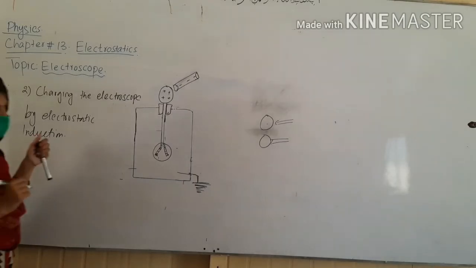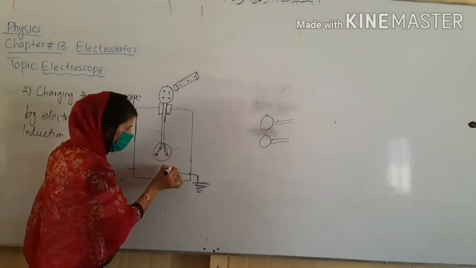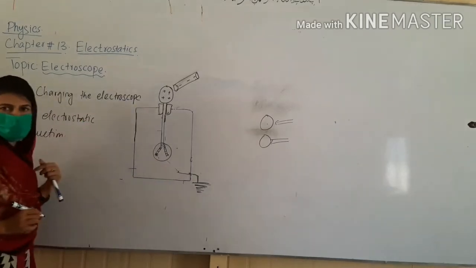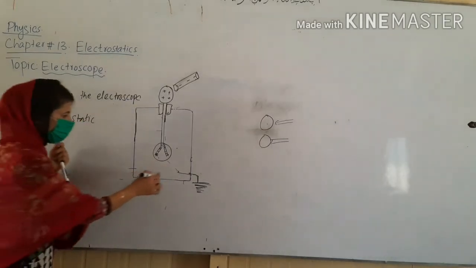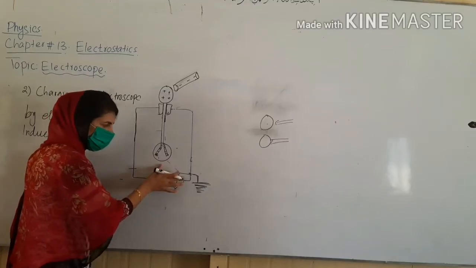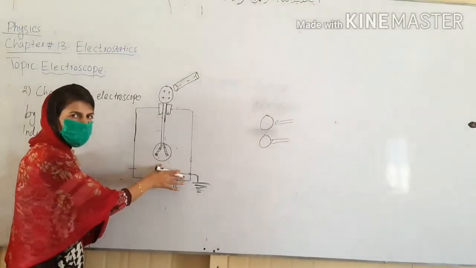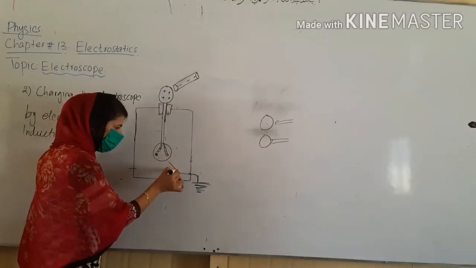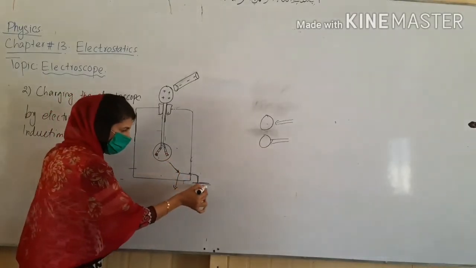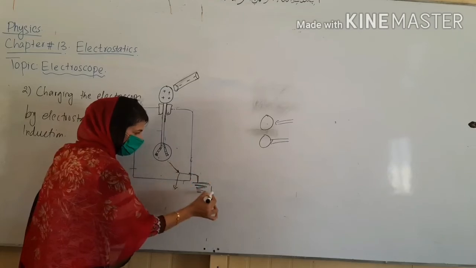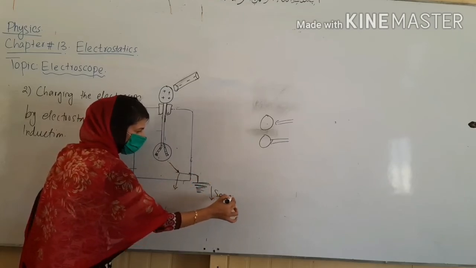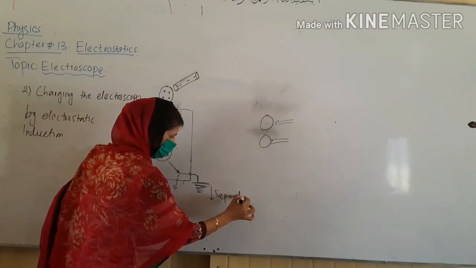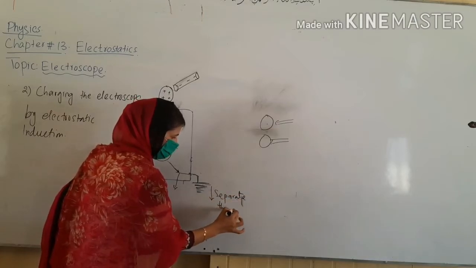Now, what will I do? I will move these negative charges towards the aluminium foil, which was placed here, which we have not used earlier. Now we use it. These negative charges are moved towards the aluminium and then to the ground, means they are separated.